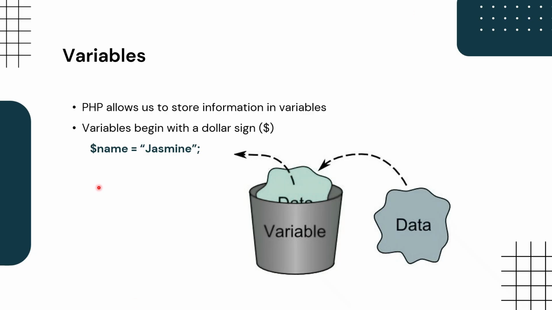And variables are going to begin with a $ sign, as we see here. So in this example, the name of the variable is actually name. We've got the $ sign there, and we're assigning it the value of Jasmine. And this allows us to use this variable later.